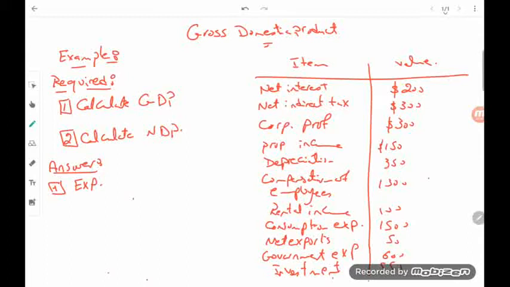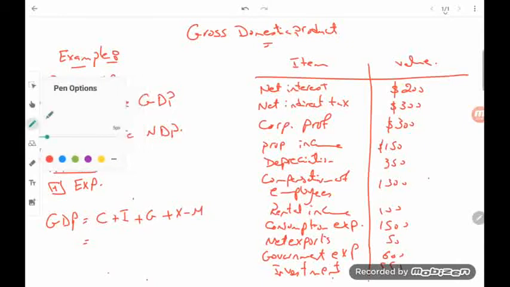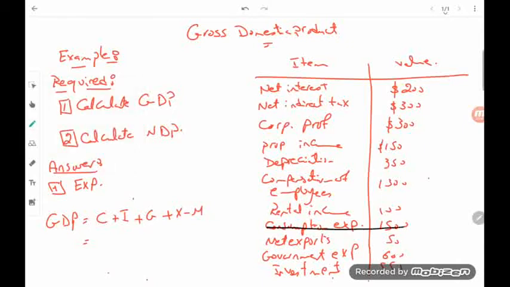According to expenditure approach, GDP is calculated as C plus I plus G plus X minus M. C, which is consumption expenditure, is 1,500. Plus I, investment, 550.